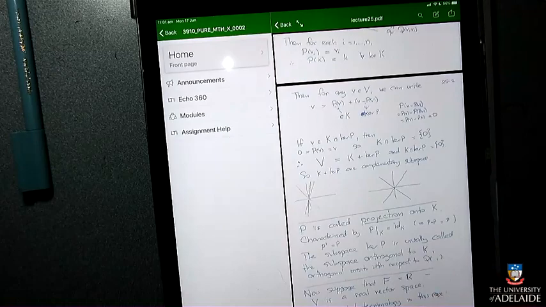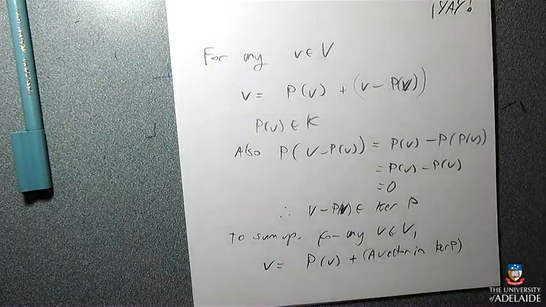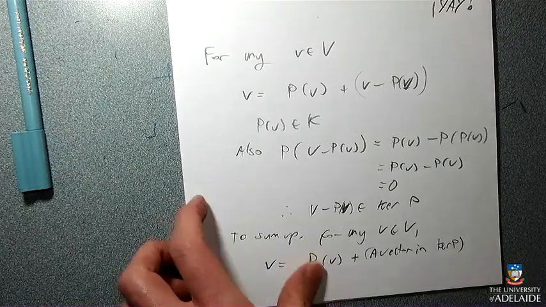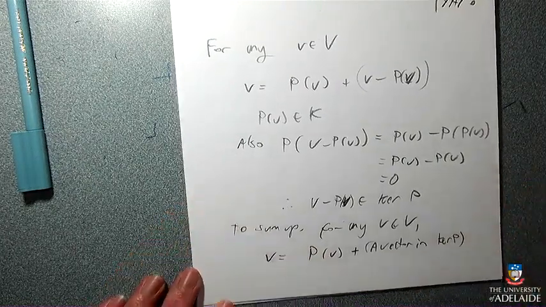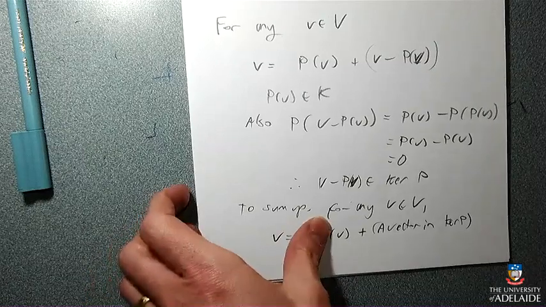So, that's a much quicker proof than we had, but we did a different proof entirely. We went that if the kernel is just the 0 vector, then P has to be the whole of it. Okay, and so what we've actually got is that K and the kernel of P are complementary because they add up to V and they only intersect in the zero vector. Okay, cool.